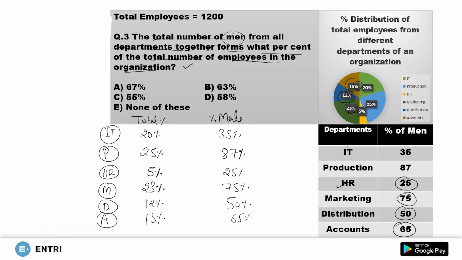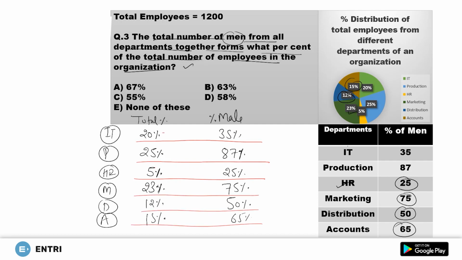So now you have to calculate. What is this 20%? You can say 20% is 1 upon 5. So can I cancel this 35 by 5? It will give you 7%. So in the IT department, the number of males is 7% of total.